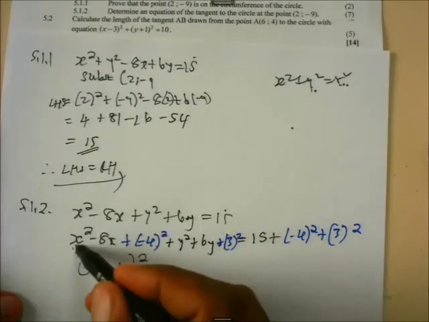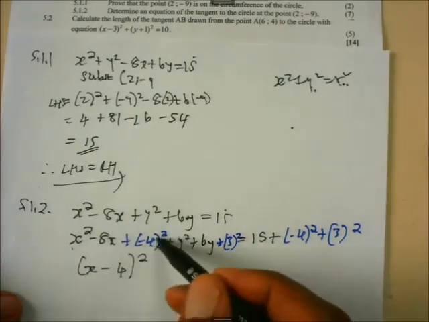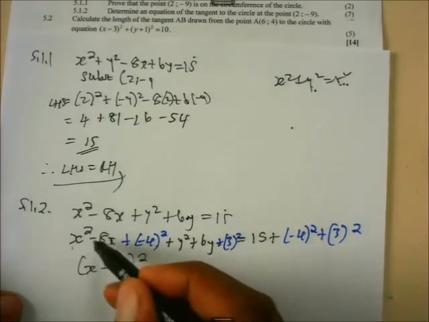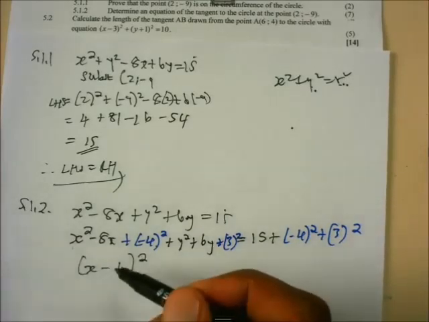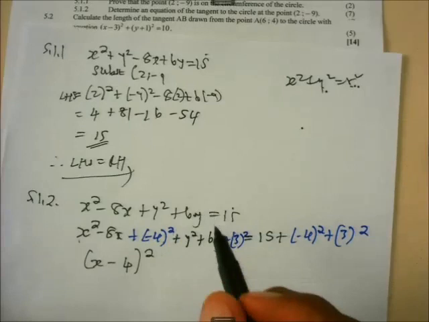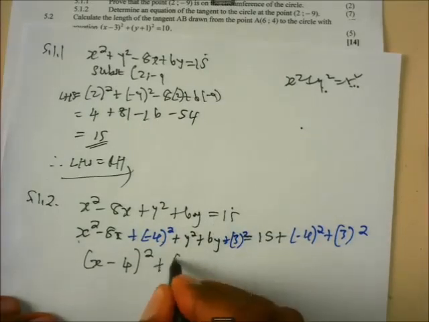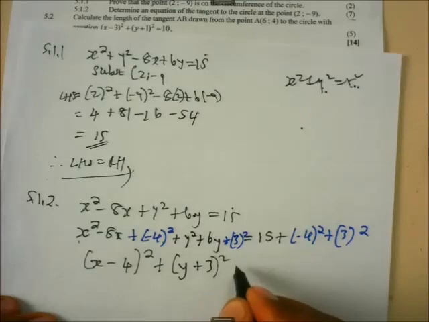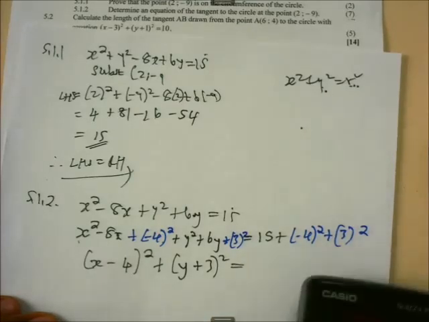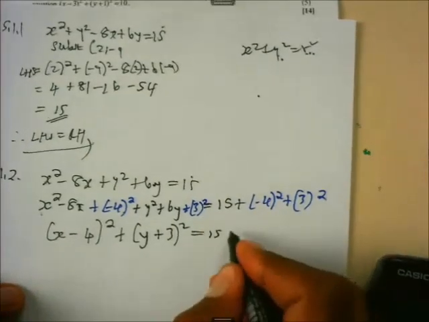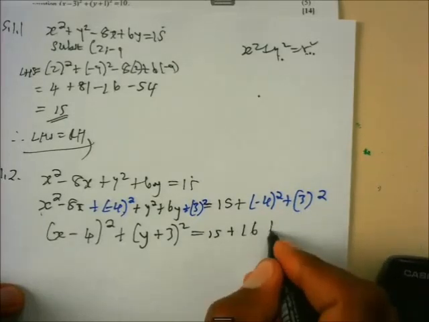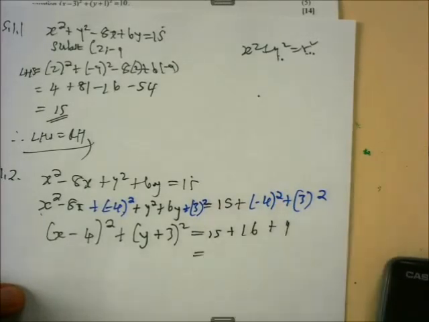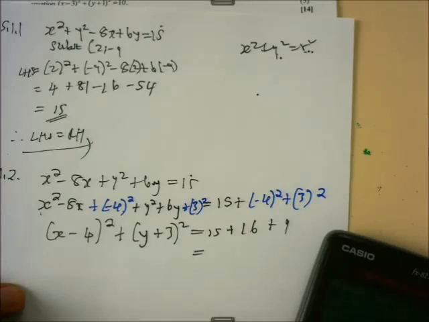Most of the time I just take the square root of x squared, which is x, and the square root of minus 4 squared, which is 4. The sign of the middle term must also be the same as the one inside the brackets, right? On this side I do the same, that is y plus 3 all squared, which equals 15 plus 16 plus 9.